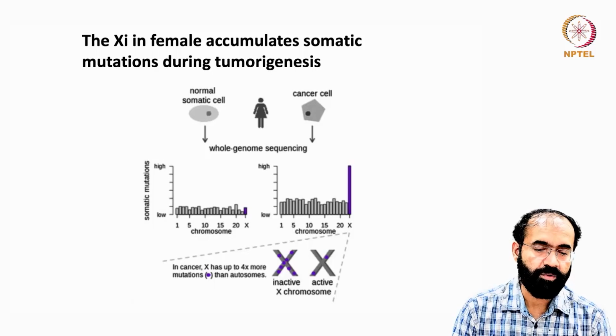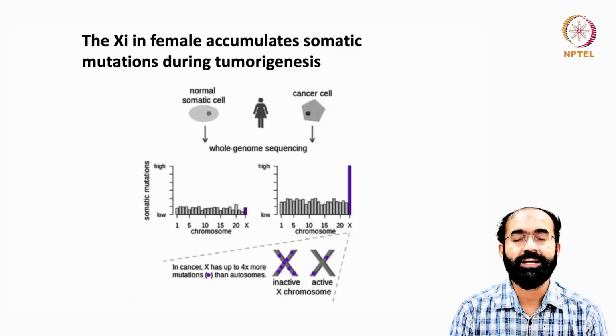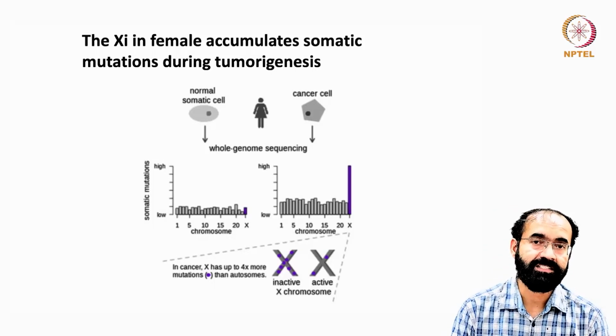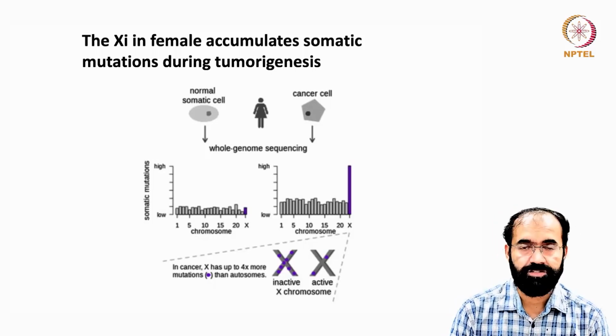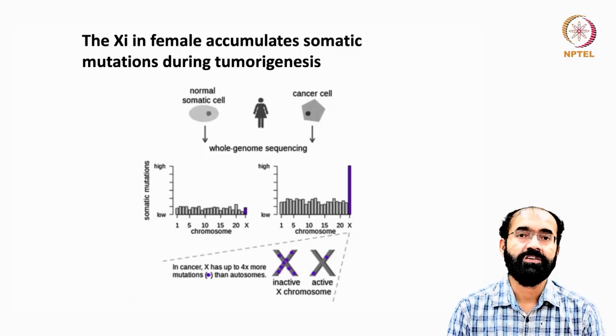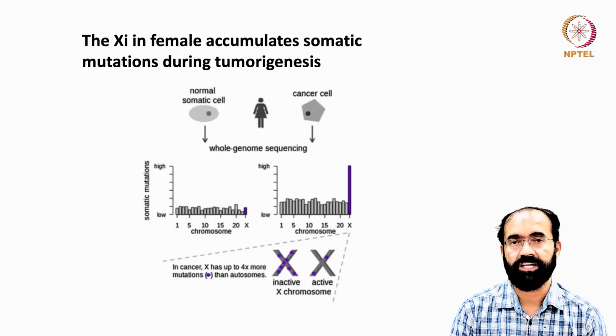So in this graph you have somatic mutations. What are somatic mutations? Mutations occurring in a housekeeping gene, or a gene that is responsible for the normal day-to-day functioning of the organism.